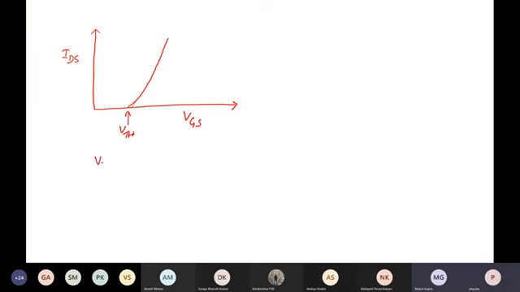So when VGS is less than VTH, we are discussing subthreshold conduction.